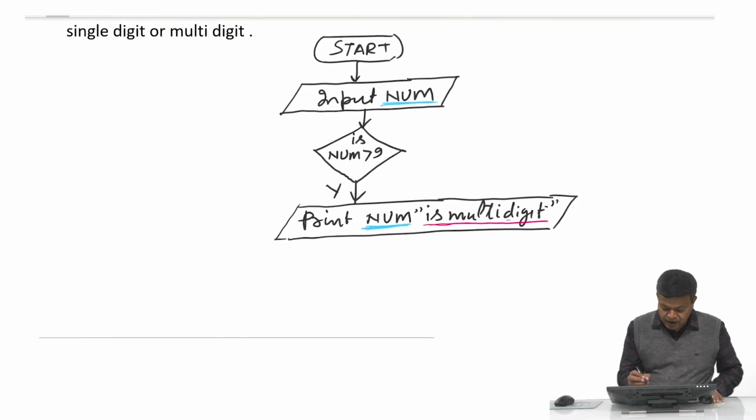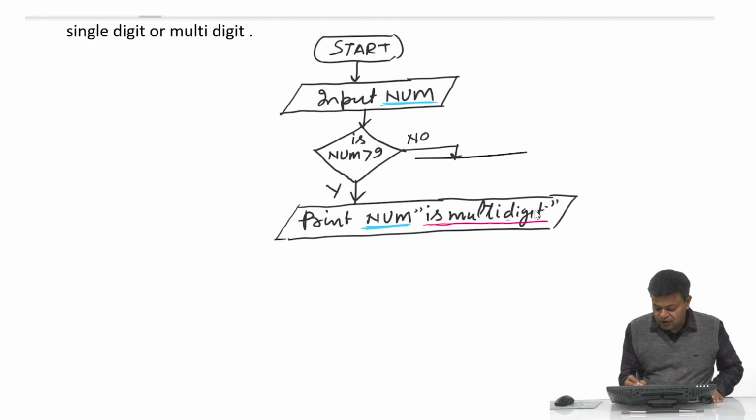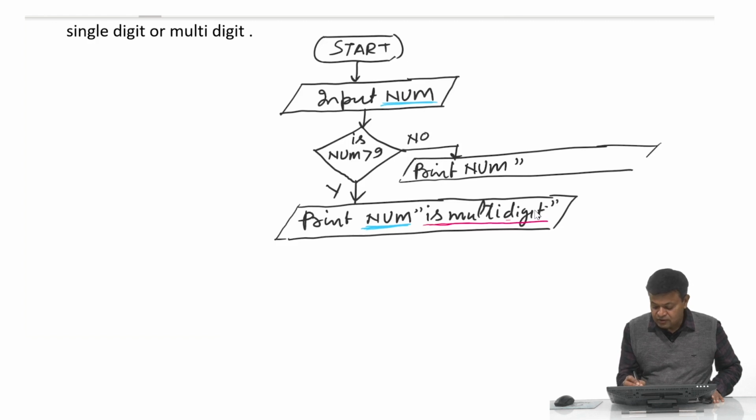This is when my number is greater than 9. If my number is not greater than 9, then what do I do? Then I display a message that number is a single digit number. So, I will be displaying a message here. I will write print NUM, its value will be printed, is single digit.